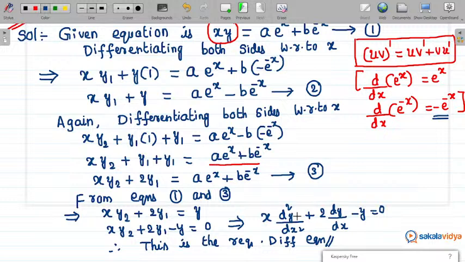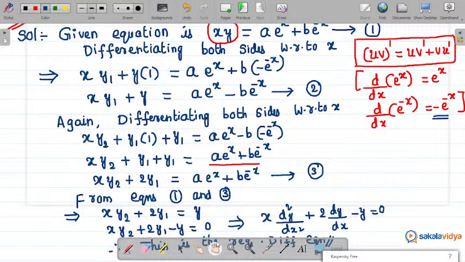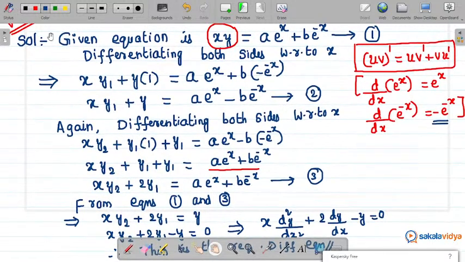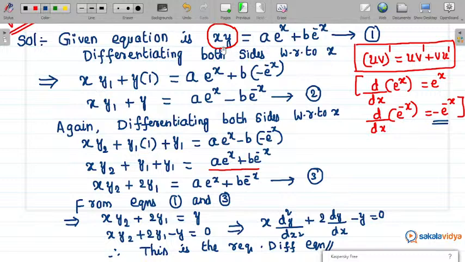Right. See this question once again. So this is the given equation, xy is equal to a e power x plus b e power minus x. Differentiating both sides with respect to x, d by dx of xy, UV method.